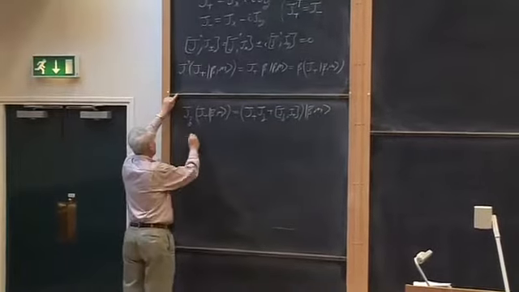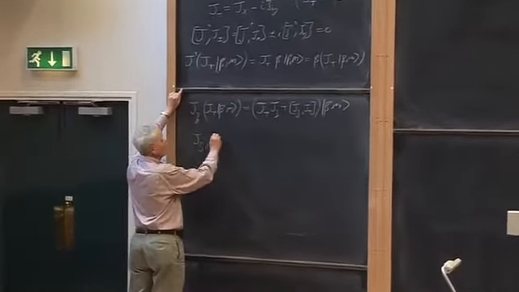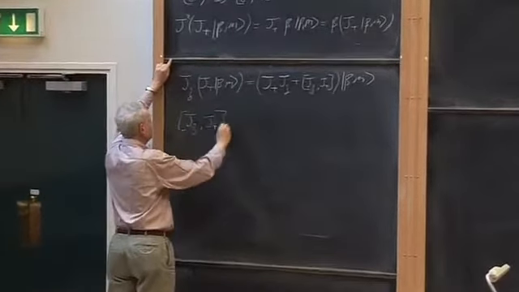All right. So what is Jz comma J plus? Well, it's Jz comma Jx plus I Jz comma Jy.